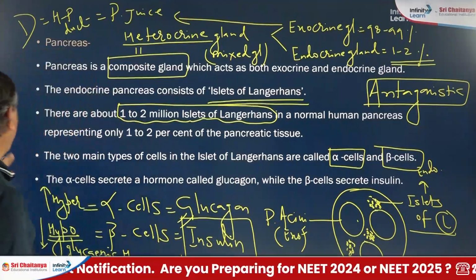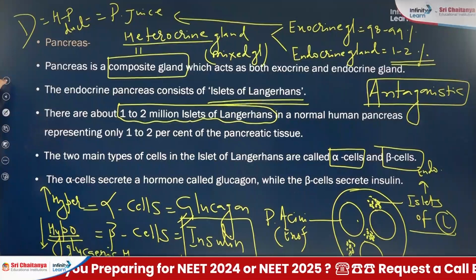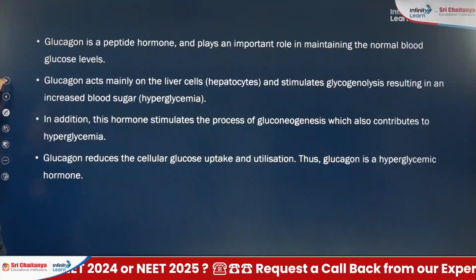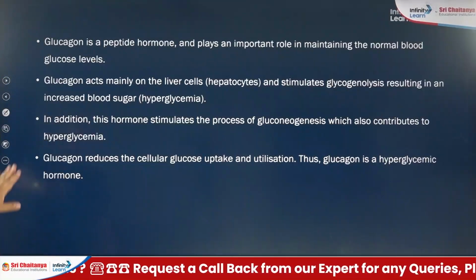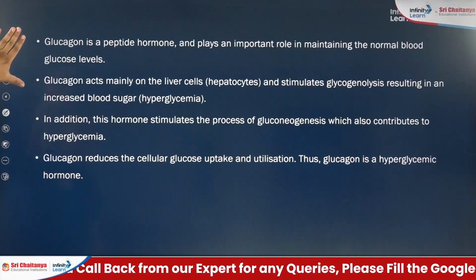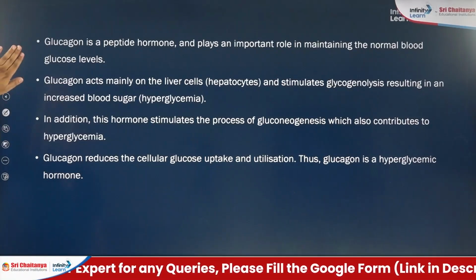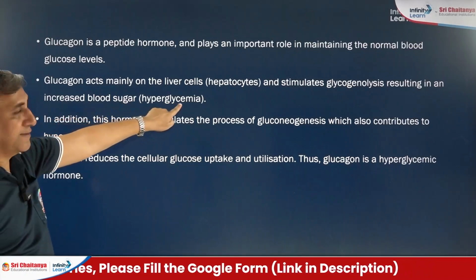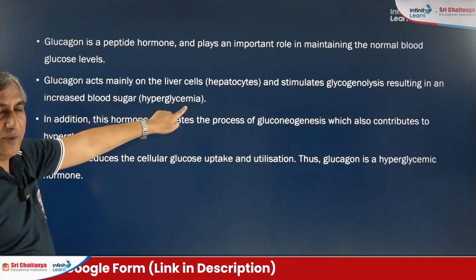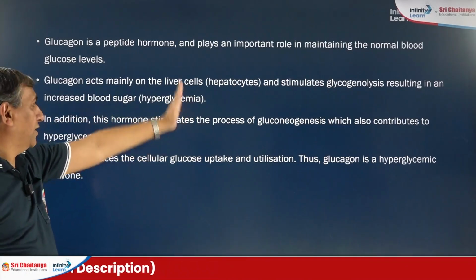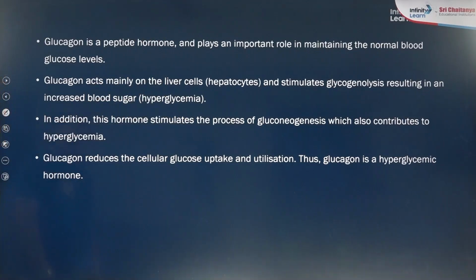So this is the one point that you have to remember. Insulin is a hypoglycemic hormone. You have to remember this. Hyperglycemic means glucagon increases the blood glucose level, so glucagon is the hyperglycemic hormone.